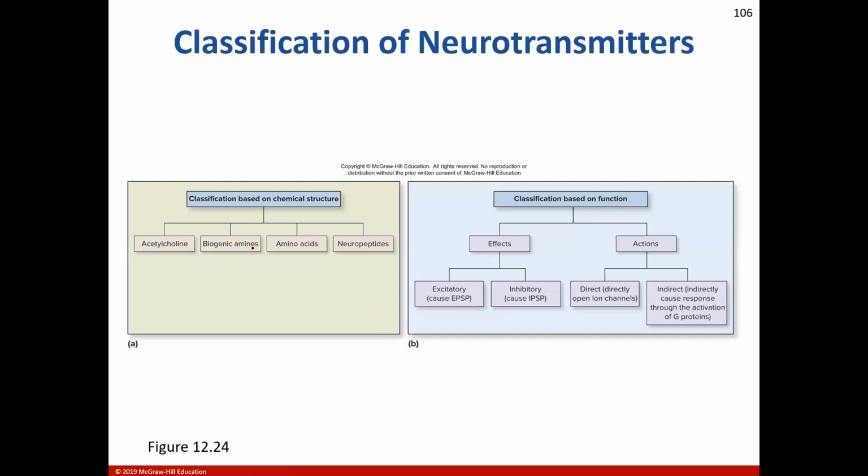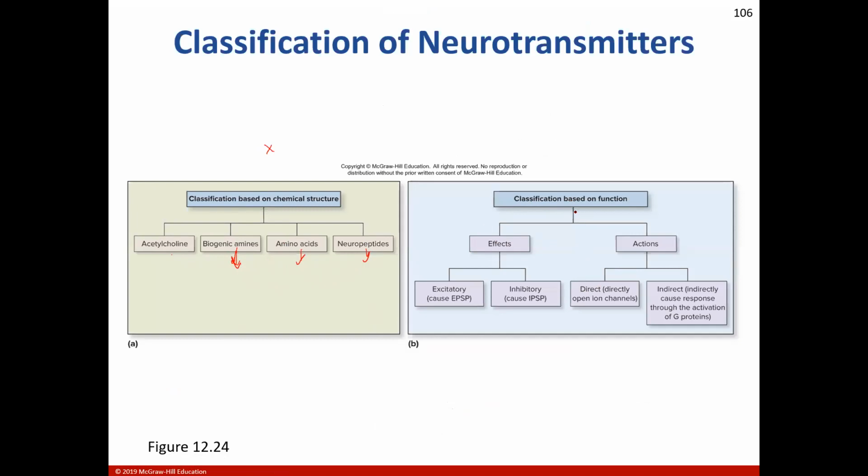I always like these because it breaks things down based on chemical structures, right? The biogenic amines, which you saw, the amino acids, GABA and glutamate, and the neuropeptides like endorphins and substance P. Biogenic amines were your epinephrine, dopamine, serotonin. So go back and look at those.